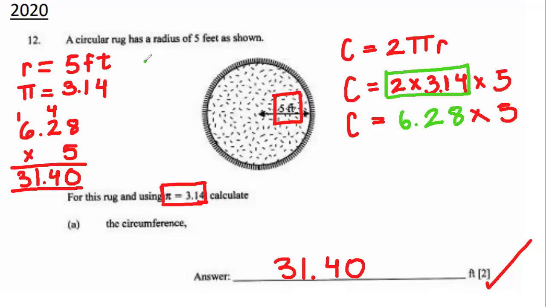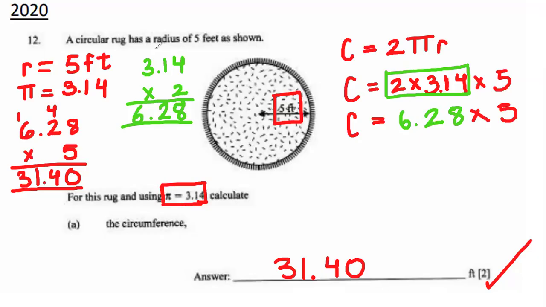So let's multiply that. 3.14 times 2. 2 times 4 is 8. 2 times 1 is 2. 2 times 3 is 6. Very good. That's how we got 6.28.